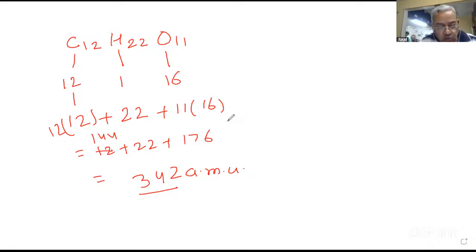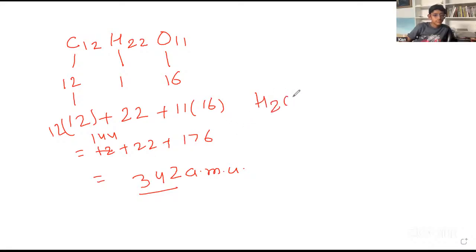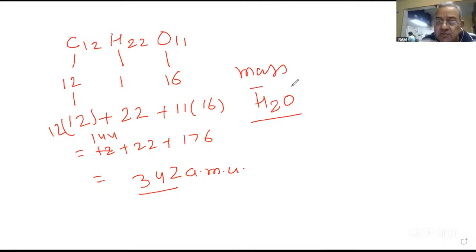So now you are able to do formula mass calculation. Can you do formula mass calculation for H2O? H2O. Okay. So 2 and 1 2, so 18.